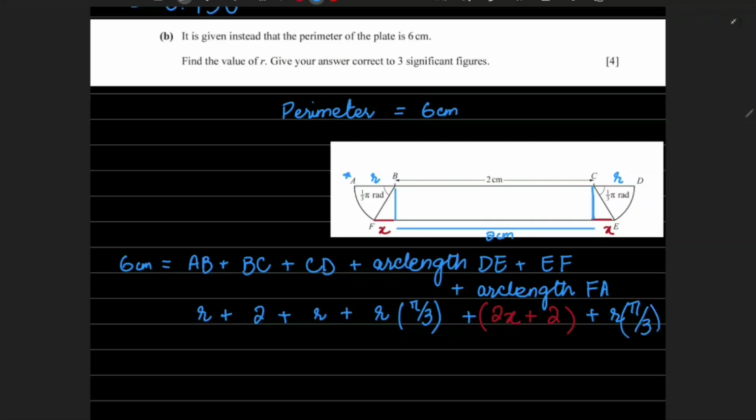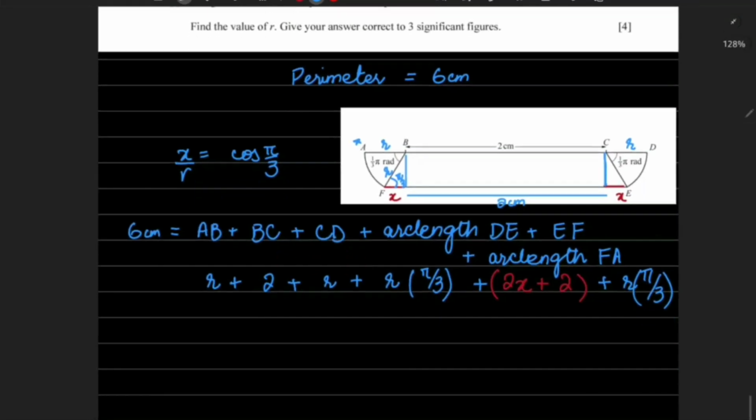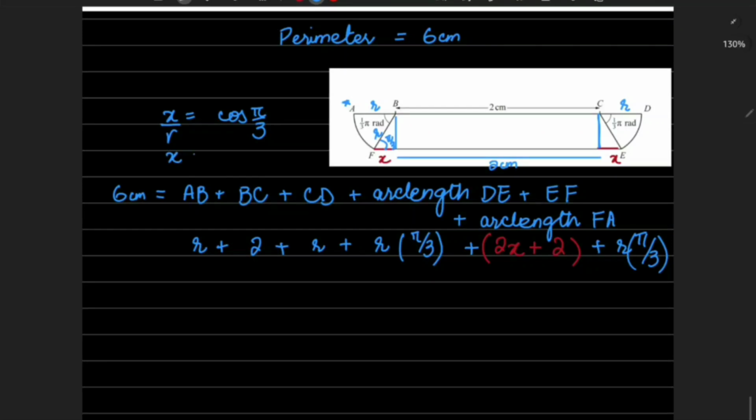Now how can we find x from here? If we look into this, this is your r, so x, and this is your pi over 3, so x over r will be equal to cos pi over 3. And if we write this x in terms of r, x will be equal to r cos pi over 3. So we can also use this in place of this.